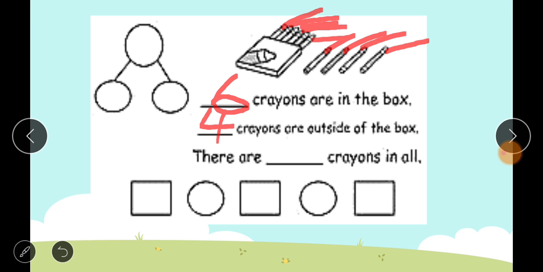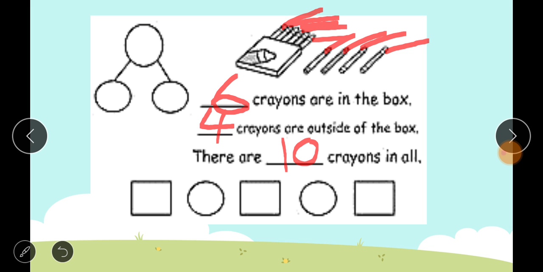There are dash crayons in all. 6 plus 4 equals what? Remember your number pairs adding up to 10. 6 plus 4 equals 10 crayons. So there are 10 crayons in all.